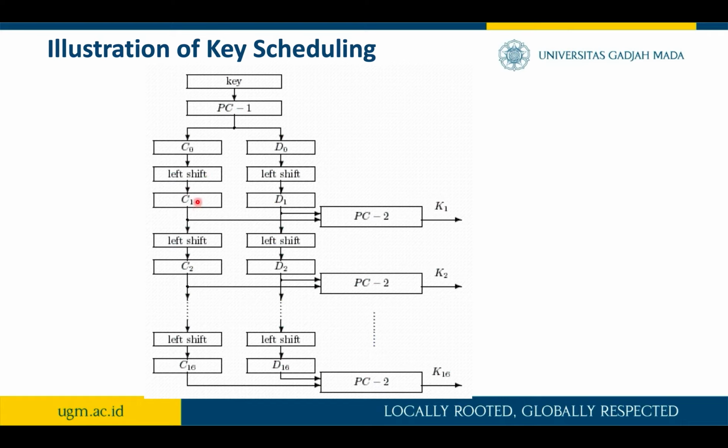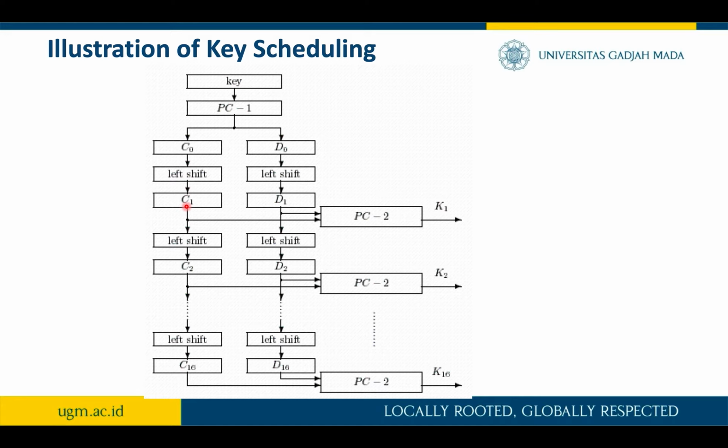After that, we get C1 and D1, and for these two, we do a permutation using PC2. The result will be K1, the subkey for the first round.